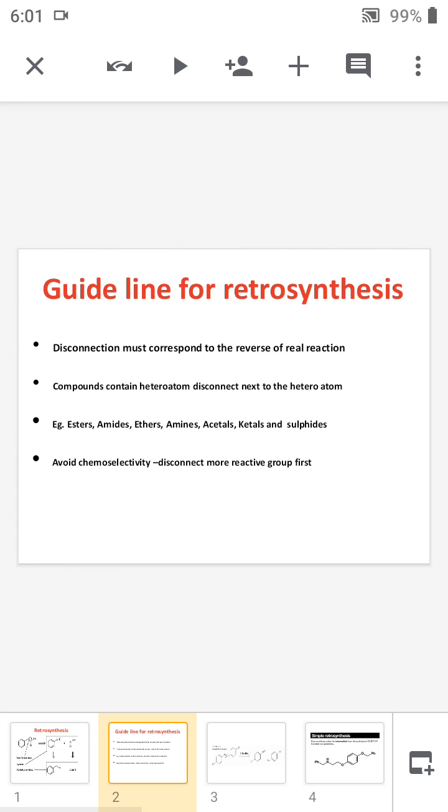Now we are moving into some of the guidelines for the retrosynthetic analysis. So first, the disconnection must correspond to the reverse of the actual reaction. That is the definition of the retrosynthetic analysis. So we have to keep in mind this point while we are doing the retrosynthetic analysis.